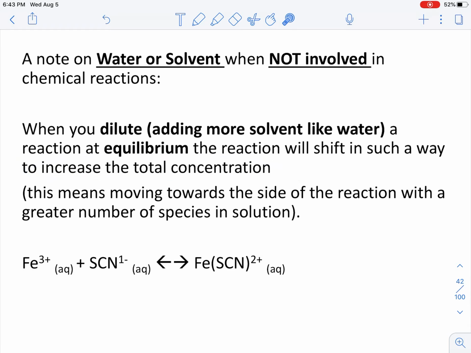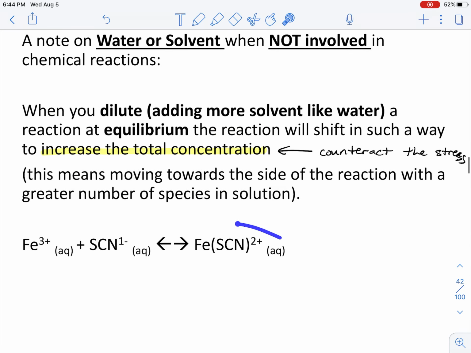And so the increase in total concentration is the way that the chemical system will counteract the stress. And so if you guys think about this, if you are adding more solvent, you're basically diluting the system. And so the only way to counteract a system that's diluted is to increase the concentration.